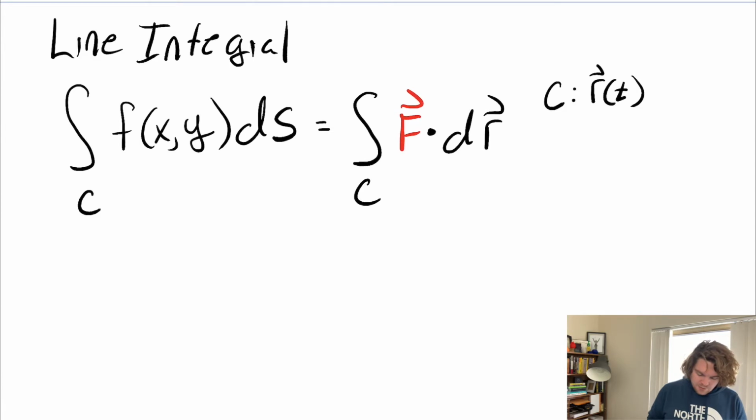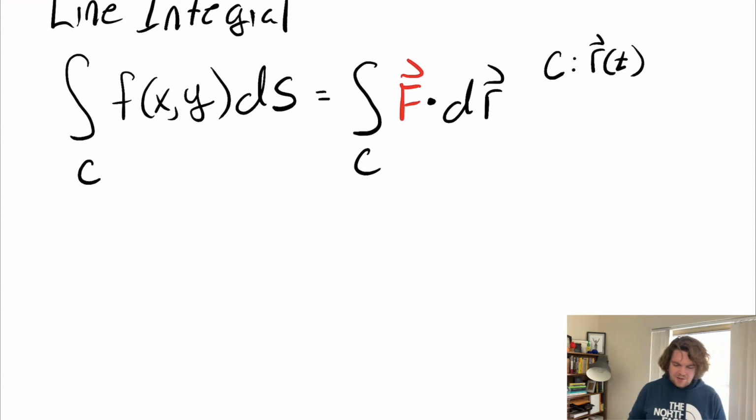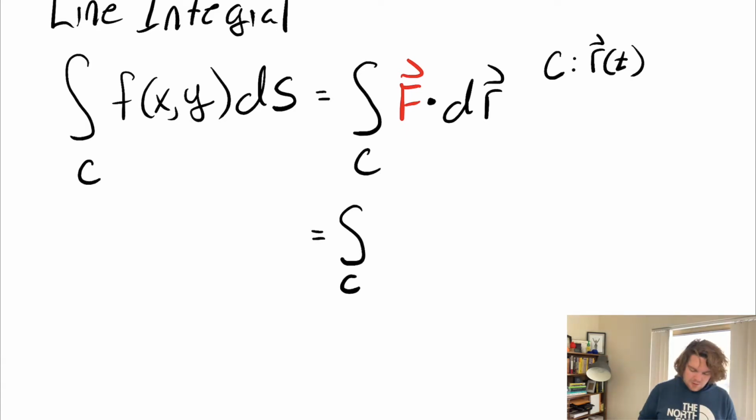We can take this a few steps further. We can imagine our vector field as being given by some vector valued function that looks something like mi plus nj.